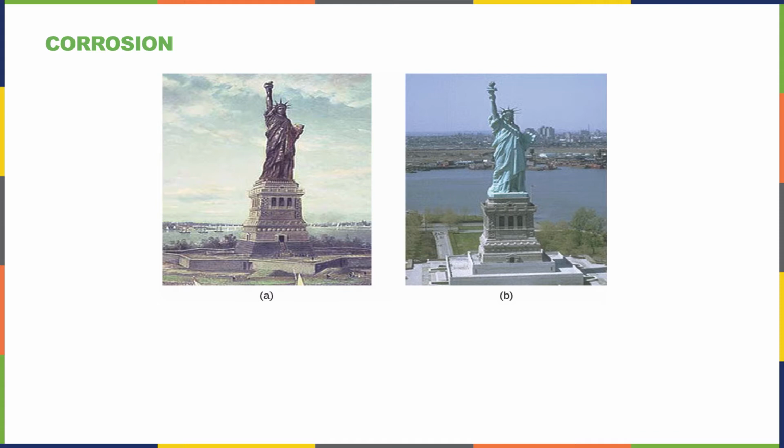You see that it's a dark color because it was made of copper. Now the Statue of Liberty, shown on the right, has this lighter gray-blue appearance. That's the corrosion that has occurred over the years.